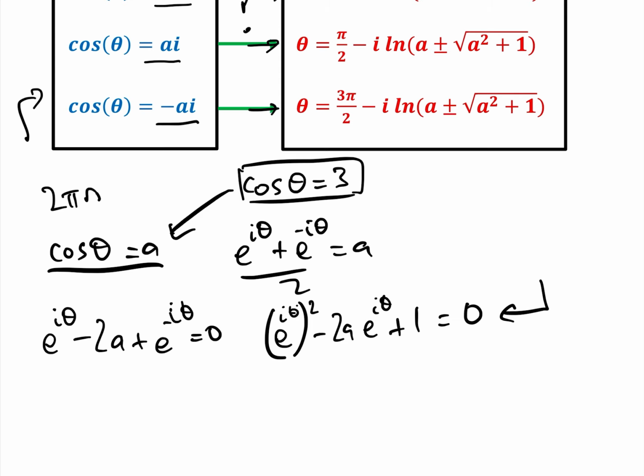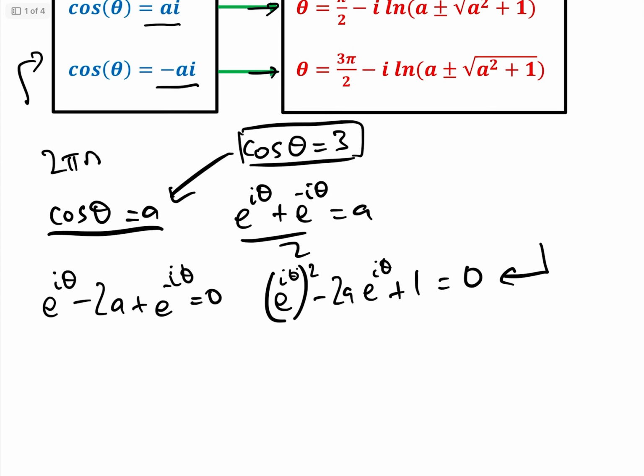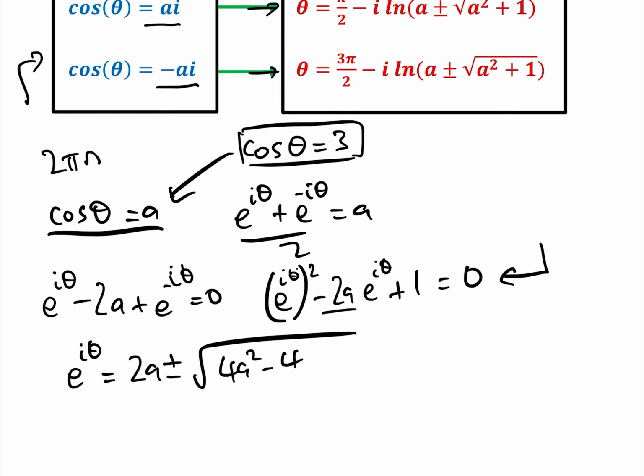Now this will be the case whenever we have cos theta equals a, where a is a real number greater than 1. So now we're going to solve that. That's e to the i theta equals minus b plus or minus the square root of b squared minus 4ac all over 2a, and that simplifies to be a plus or minus root a squared minus 1.